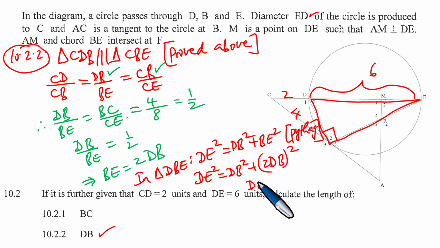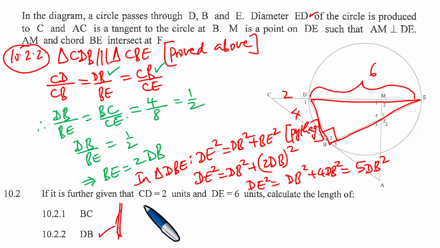Which means that DE squared is DB squared plus 4 DB squared, which is 5 DB squared. So you have that DE squared is equal to 5 DB squared.